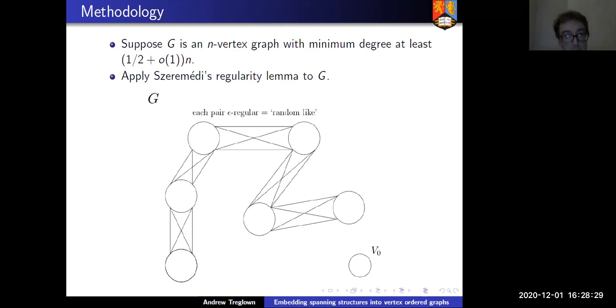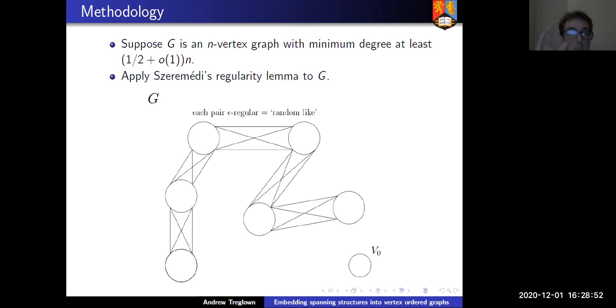Now the edges between classes behave in a random-like way. Either a pair doesn't have any edges between them, or you have a random-like distribution of edges. In this hatched picture, I'm saying these edges are distributed in a random-like way. We call these epsilon-regular pairs.